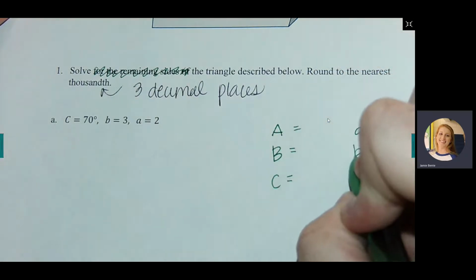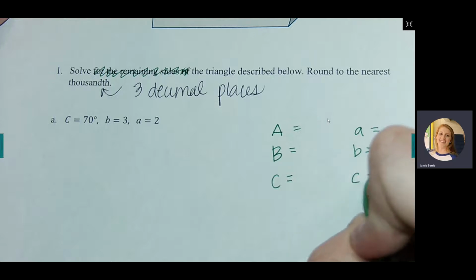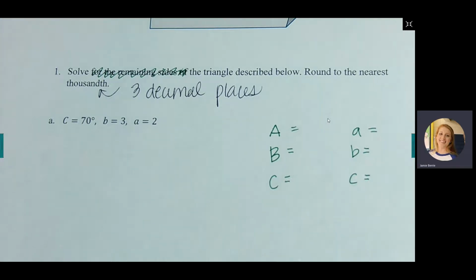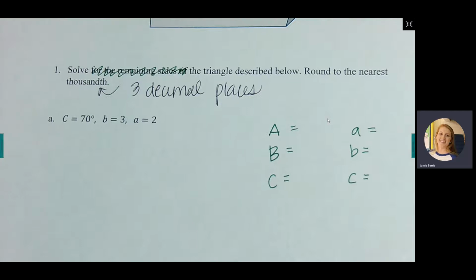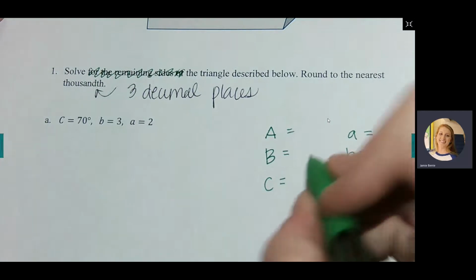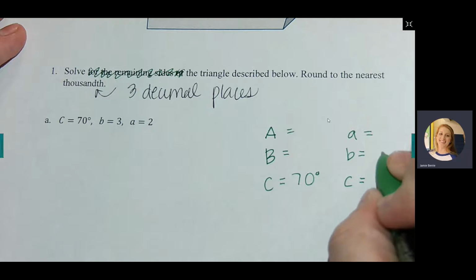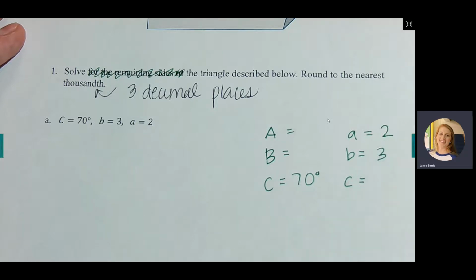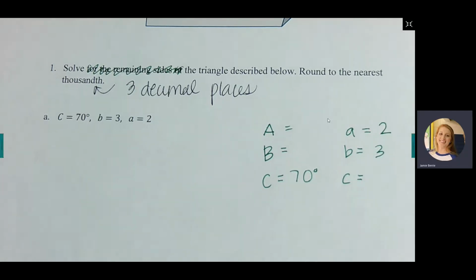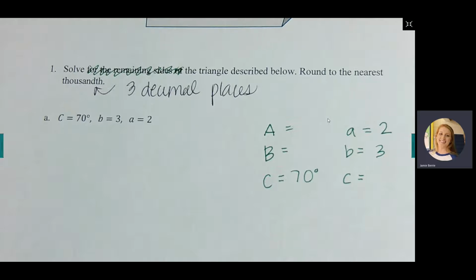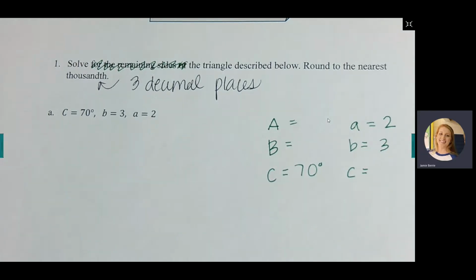Or you could draw a picture. Either one is a fine way to start. So I just went ahead and drew out my little table. I'm going to fill in what I know. I know C is 70 degrees. Little b is 3. Little a is 2. This just helps you see what you still have left to find and where you should start.